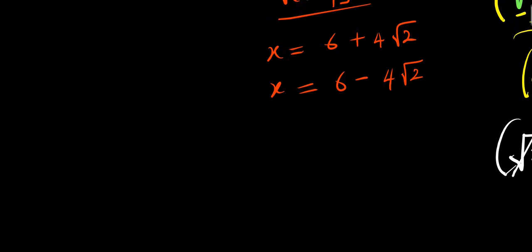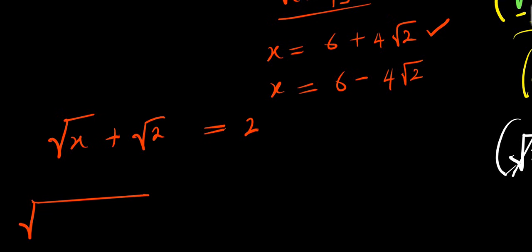Now this is the question, square root of x plus square root of 2 equals 2. So let's consider 6 plus 4 root 2. So you have square root of 6 plus 4 root 2 plus root 2 equals 2.